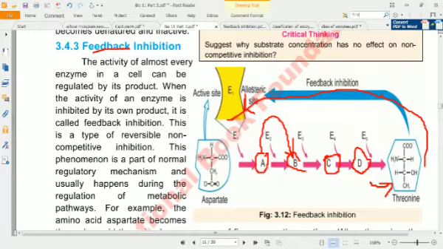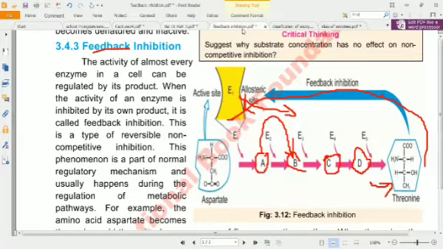And when threonine is reduced in the body, the allosteric site will be free and threonine will be released from the allosteric site, so the active site will again bind with aspartate, and the reaction will proceed again. So this is feedback inhibition, or negative feedback, as we can say, and it can happen with lots of metabolic processes going on in the body.